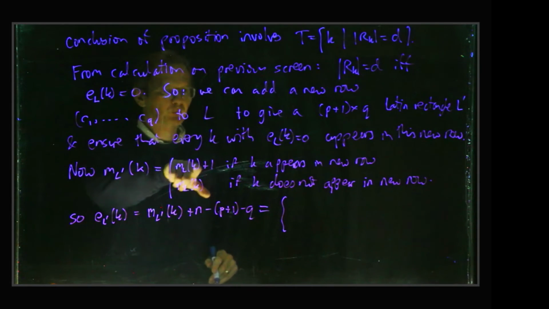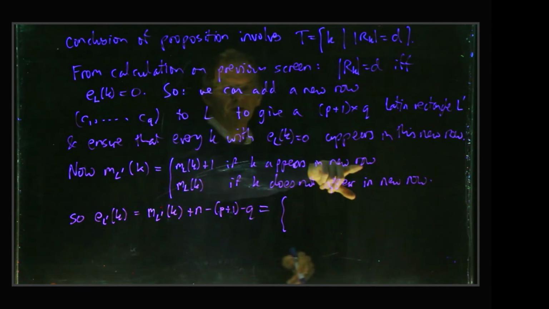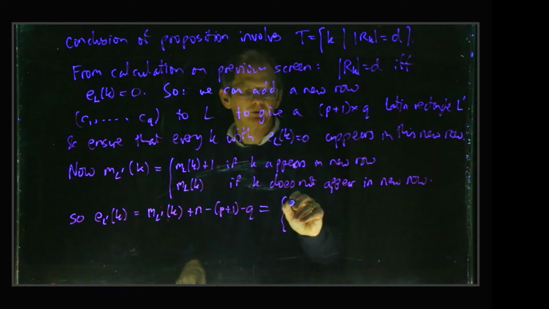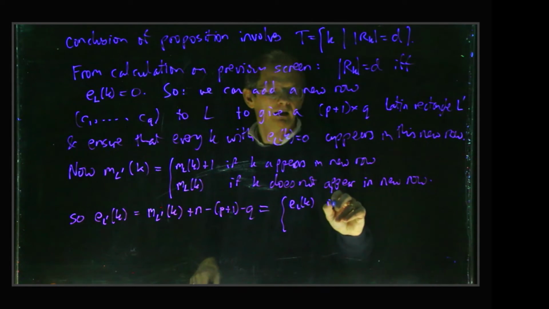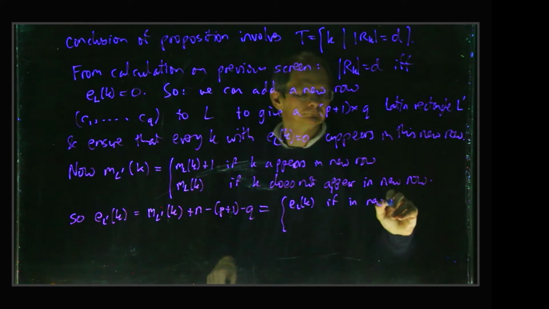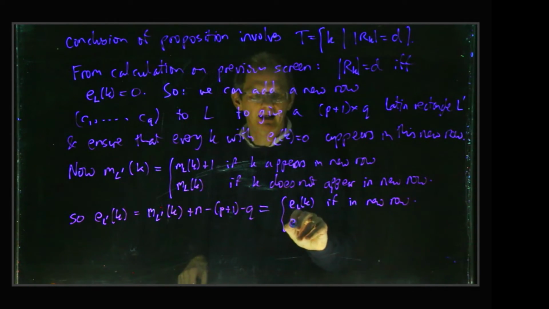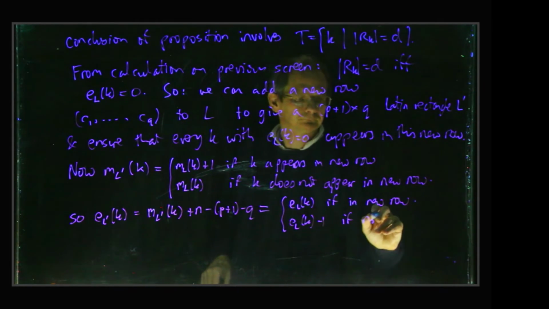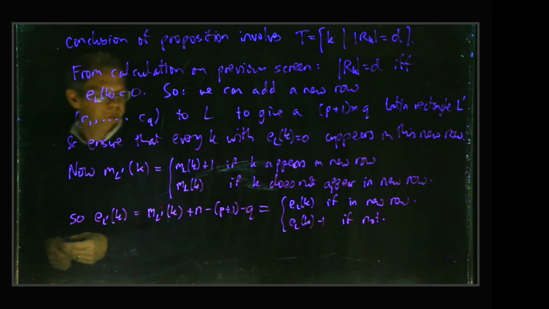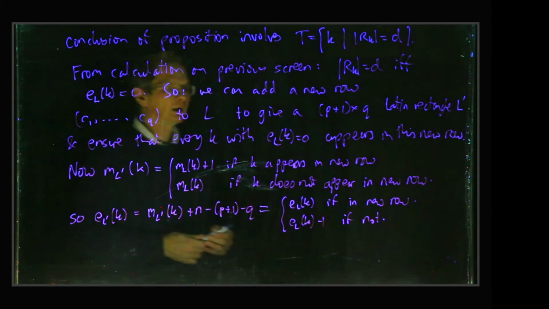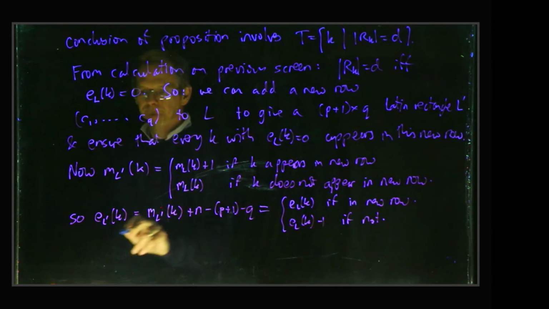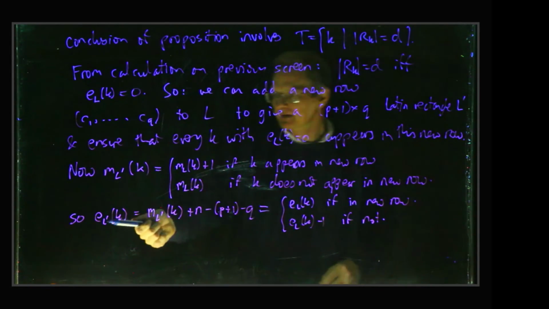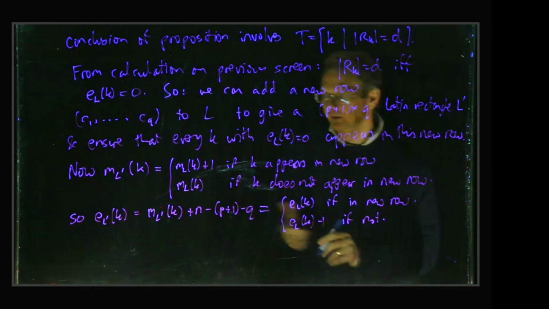So by comparing with what we've got here, if k does appear in the new row, we get a plus 1 from here and a minus 1 from there, and it doesn't change at all. So we get ELK if in the new row, and ELK minus 1 if not. Okay, so we want to check that these excesses are still greater than or equal to 0.